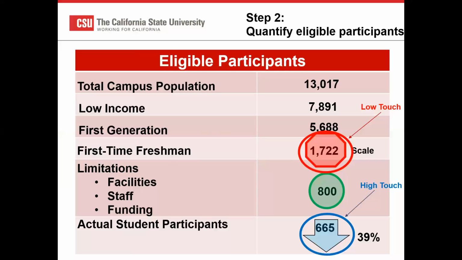Other students who may have high GPA or may not have as many needs can still be served through email or resources, but more at a low touch level. So depending on the different levels of interaction with students, you could actually serve the total population that you've identified.